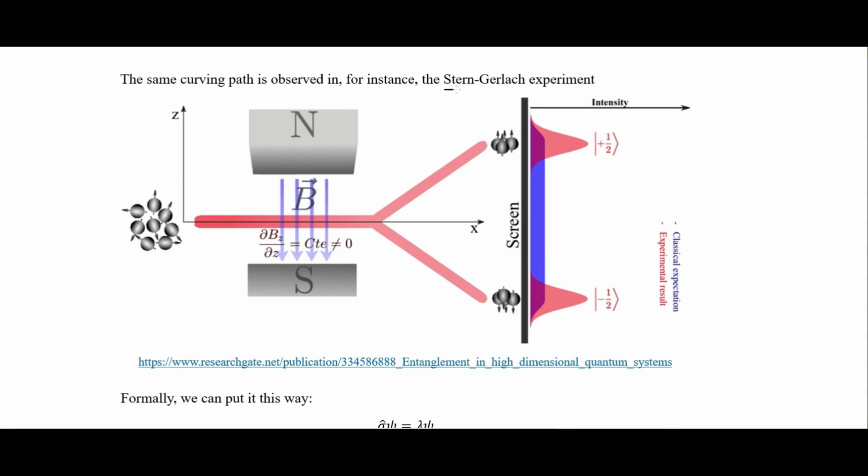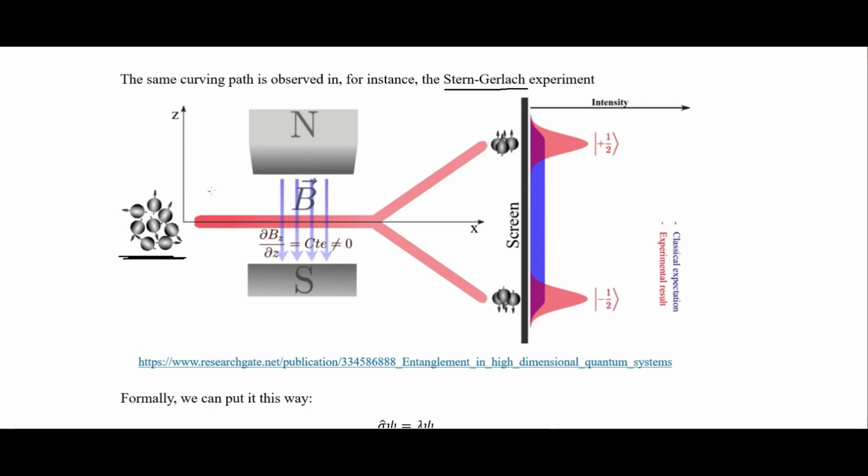For instance, in the Stern-Gerlach experiment, we send these silver atoms, but you could think of them as electrons as well if you want, because it's the spin of the electron that we're actually looking at.